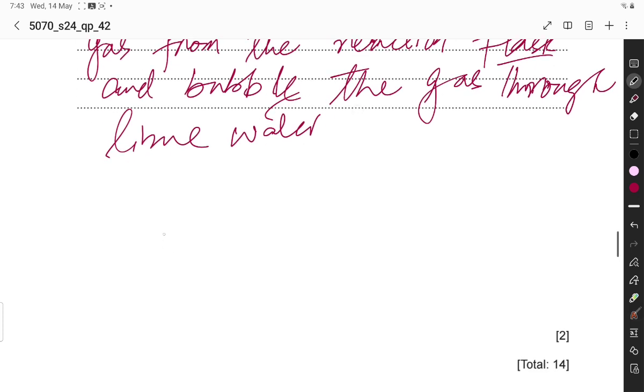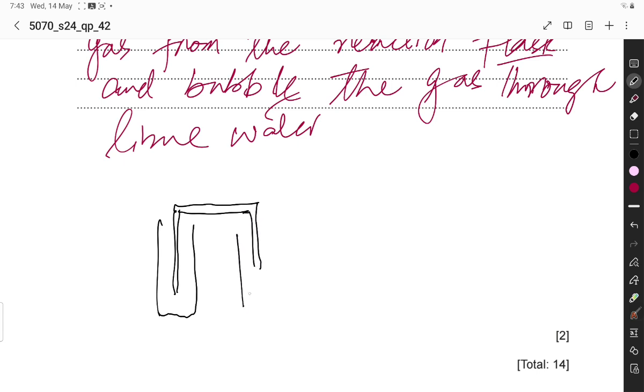So this is the reaction test tube, this is the delivery tube. Pass this gas into the test tube containing lime water.